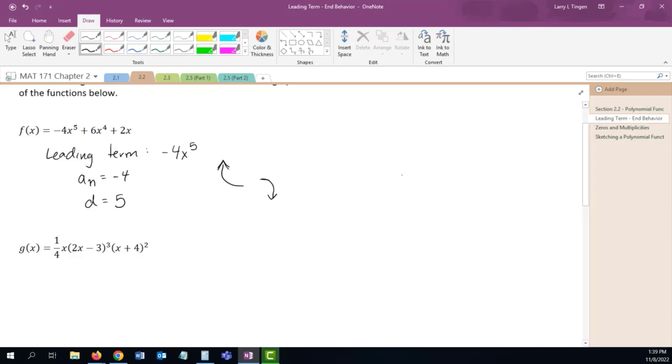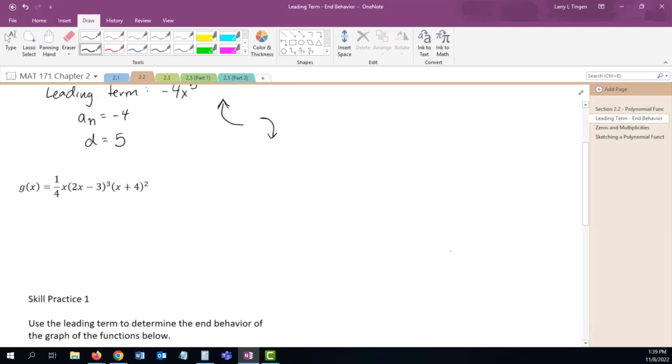So what's next? I got 1/4 times x times quantity 2x minus 3 cubed times quantity x plus 4 squared. What is the leading term here? Now, I'm going to treat this one like I did before.